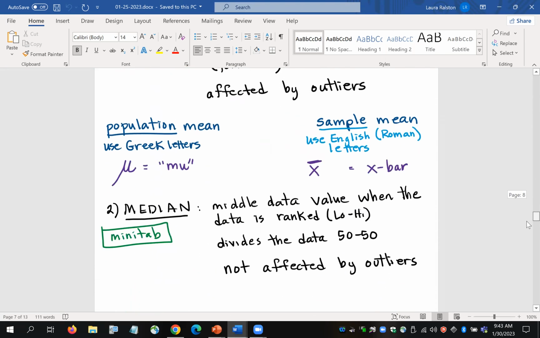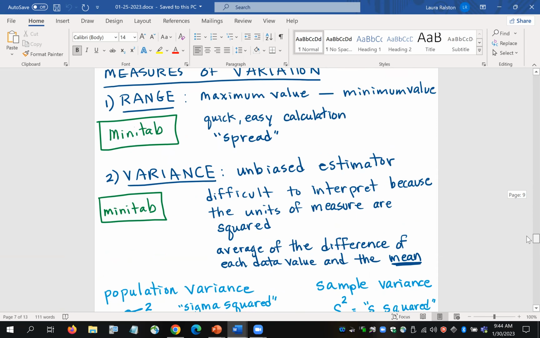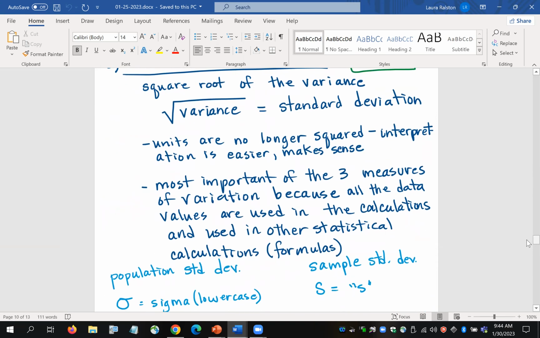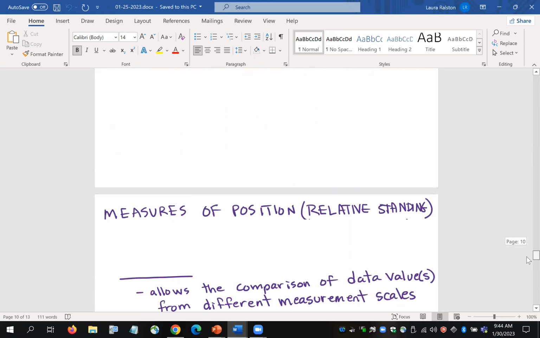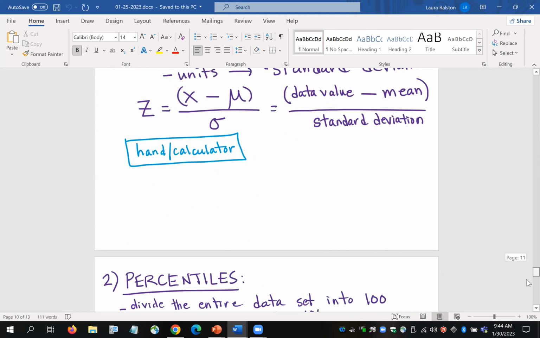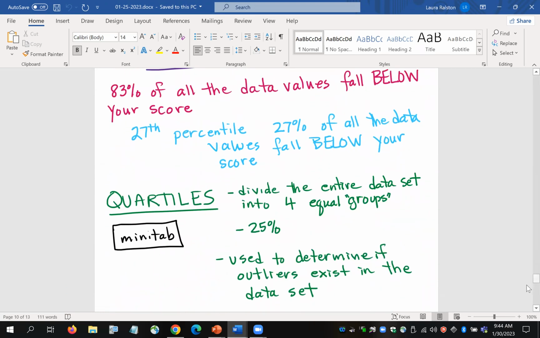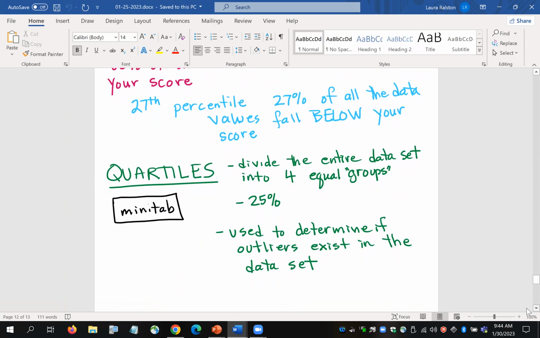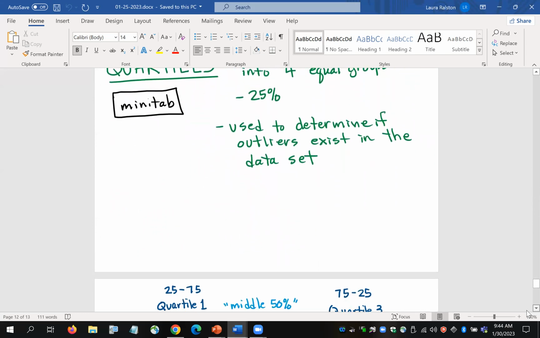We then talked about all the different kinds of descriptive statistics: our measures of center, the mean, the median, the mode, and the measures of variation, range, variance, standard deviation. We also talked briefly about measures of position, which were our z-score, our percentiles, and more specifically the quartiles, because that helps us determine ultimately if there are any outliers within the data set.